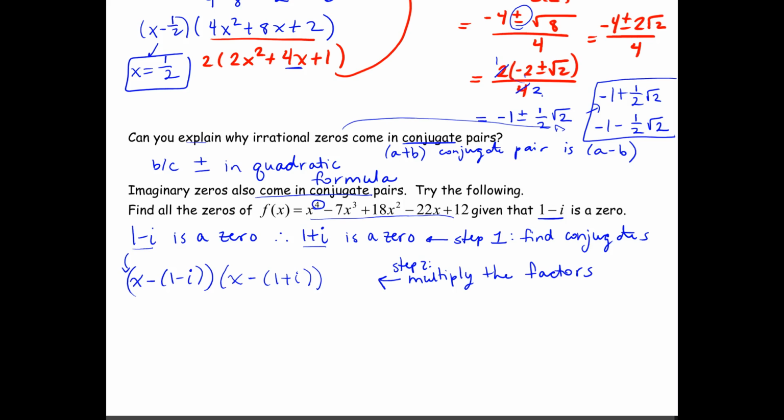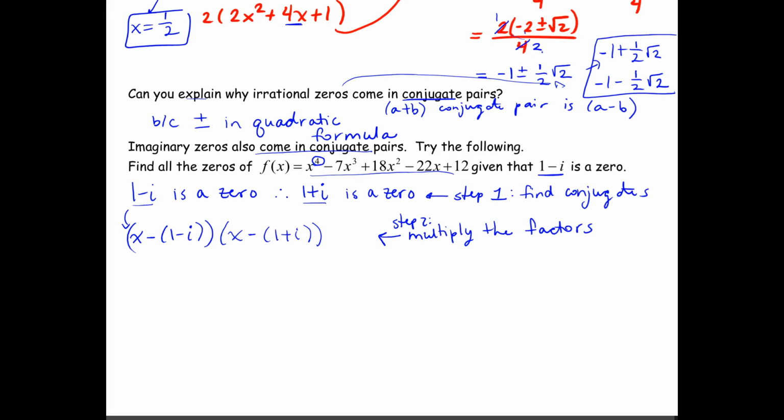This is good stuff. Okay, so when I multiply this in, I'm going to distribute that negative. So that would give me x minus 1 plus i times really x minus 1 minus i. Do you guys remember how to multiply a trinomial by a trinomial? It's a bunch of distributing, just like FOIL. So I have to distribute this x into all 3 terms of the second trinomial.